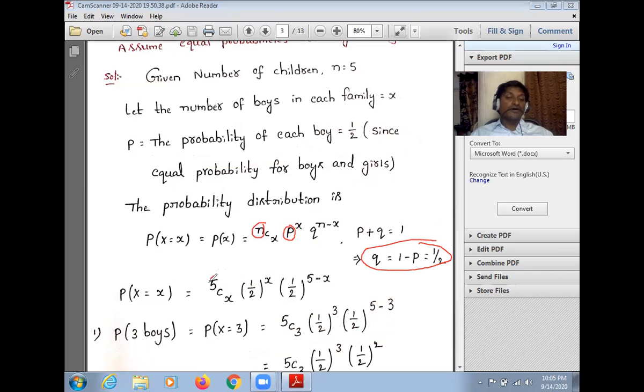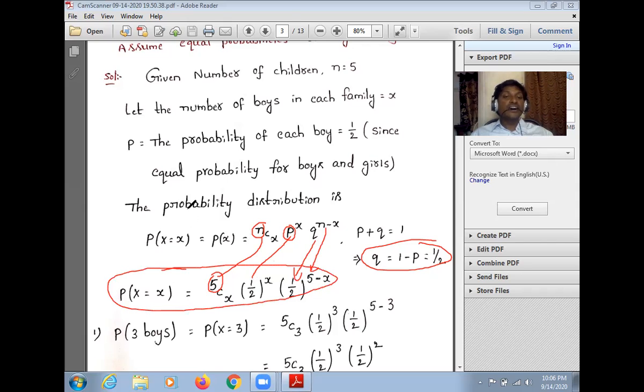In place of n we substituted 5, x stays as it is since we don't know it yet, and in place of p and q we substituted 1 by 2. Now, using this, we need to calculate.